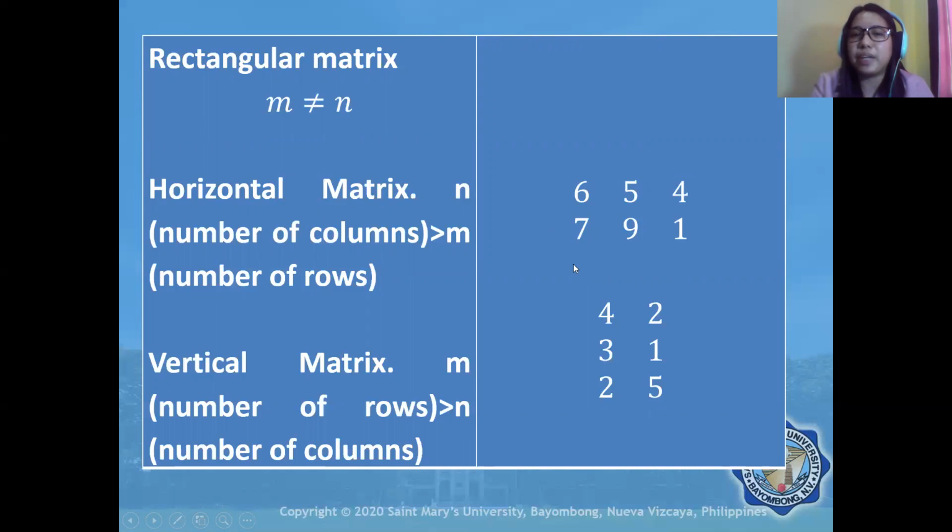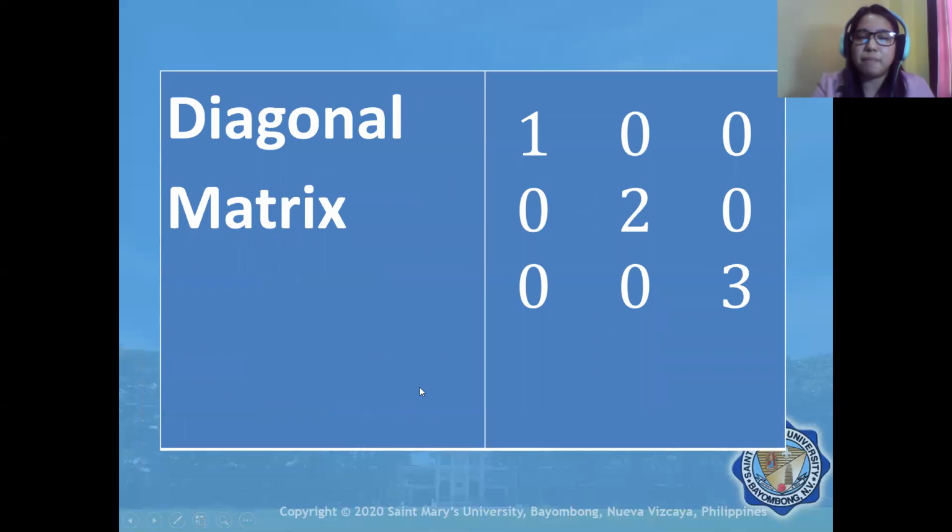So that's why we call it a horizontal matrix. While for a vertical matrix, the number of rows is higher than the number of columns. So we have here 3 rows compared with 2 columns. Then we call this second example a vertical matrix.